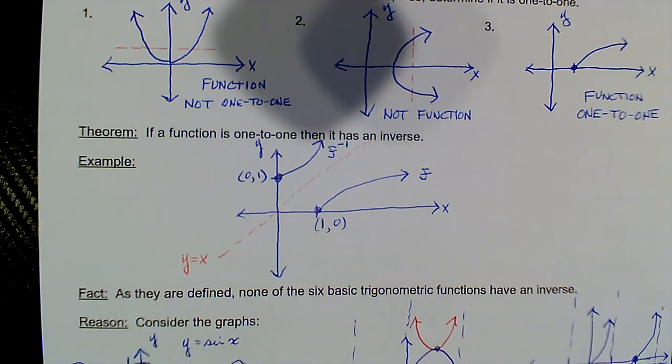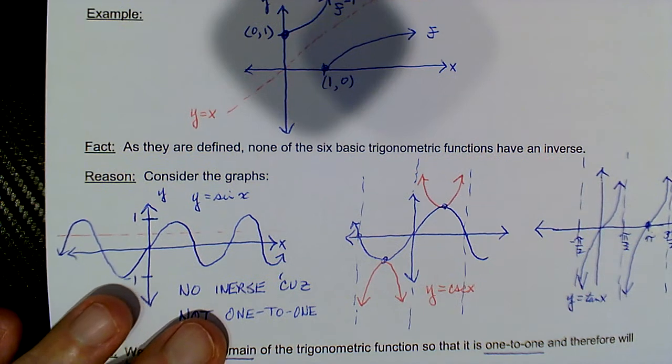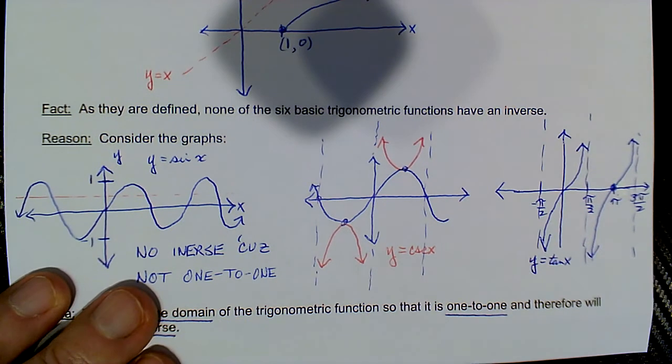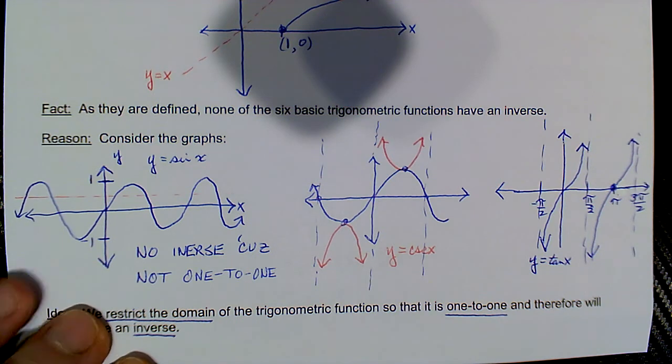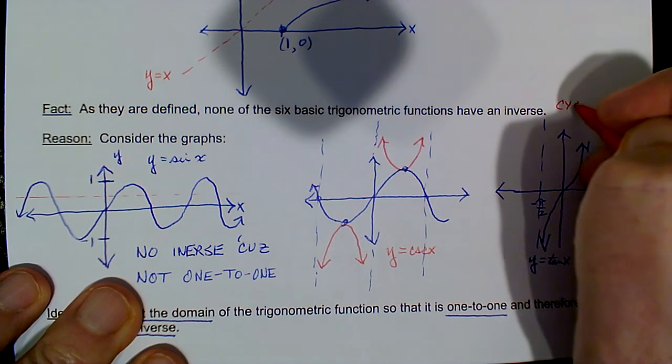So then the fact was that as they are defined, none of the 6 trig functions actually have an inverse, because none of them pass the horizontal line test. They're all cyclic, however you want to say that word.